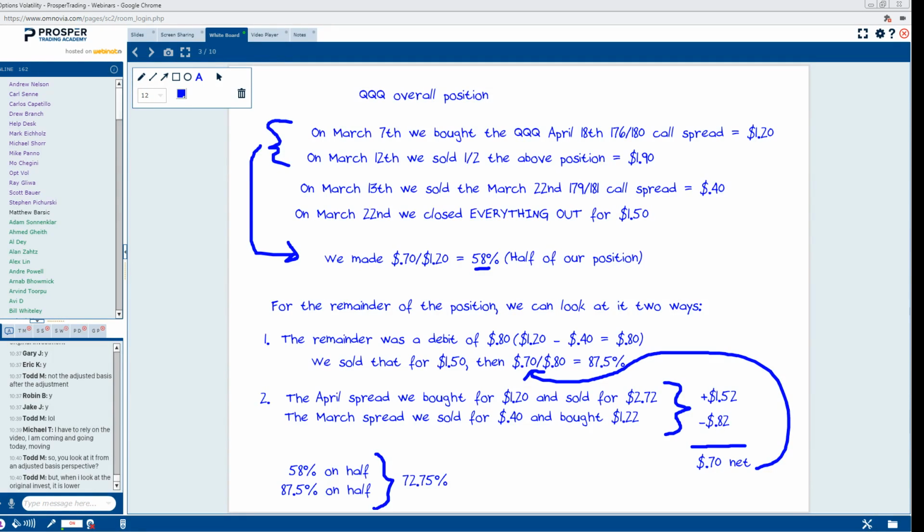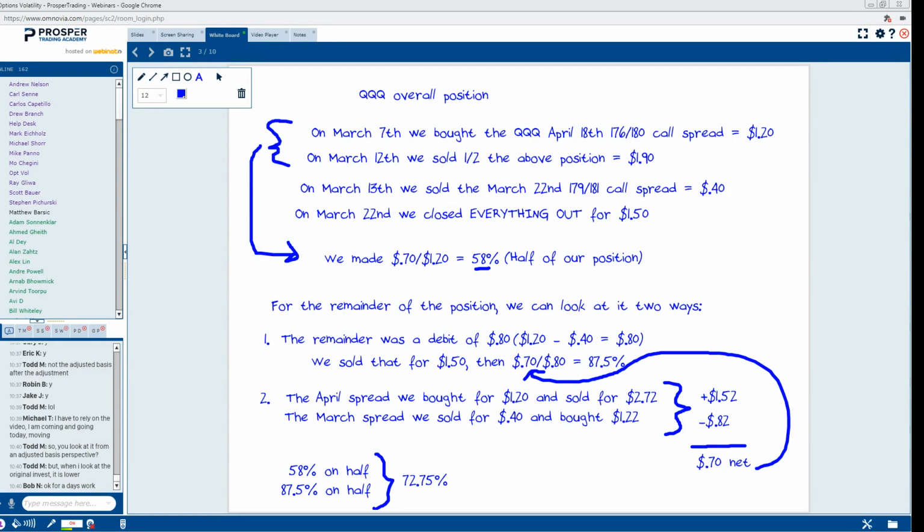But you can't look at the original investment, Todd. What you can do is go to your trading sheets and look at the overall amount you paid, your overall debit, and then your overall credit, and base it off of that.